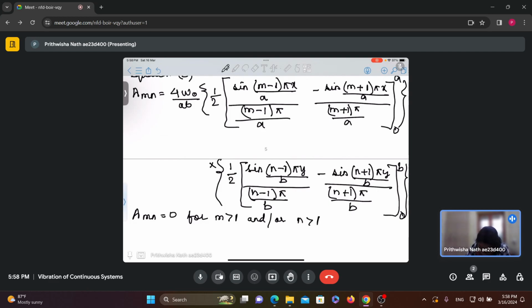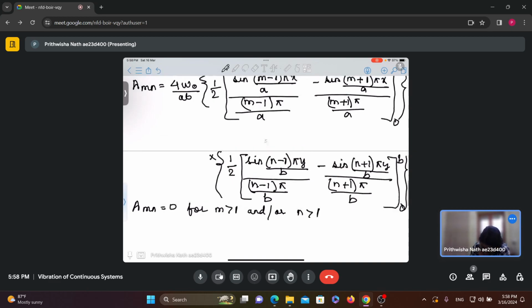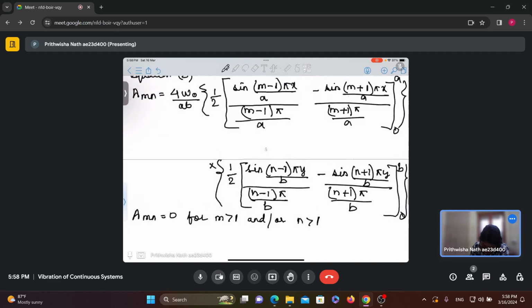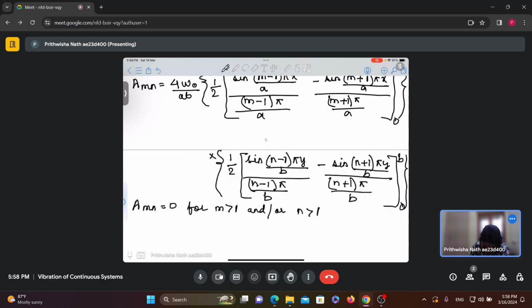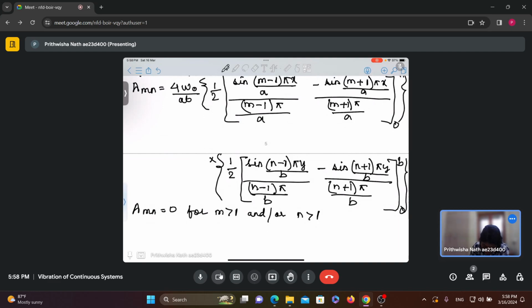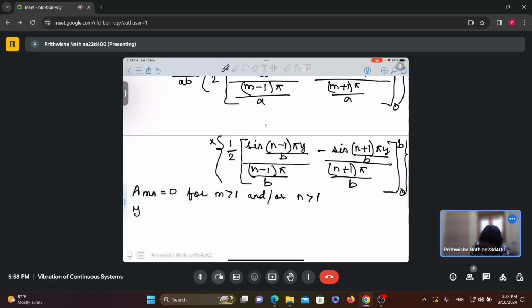Now what happens for m equals 1 and n equals 1?